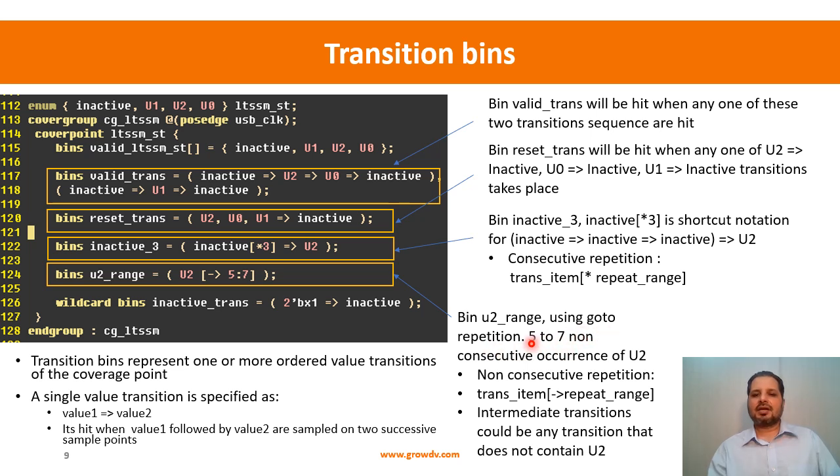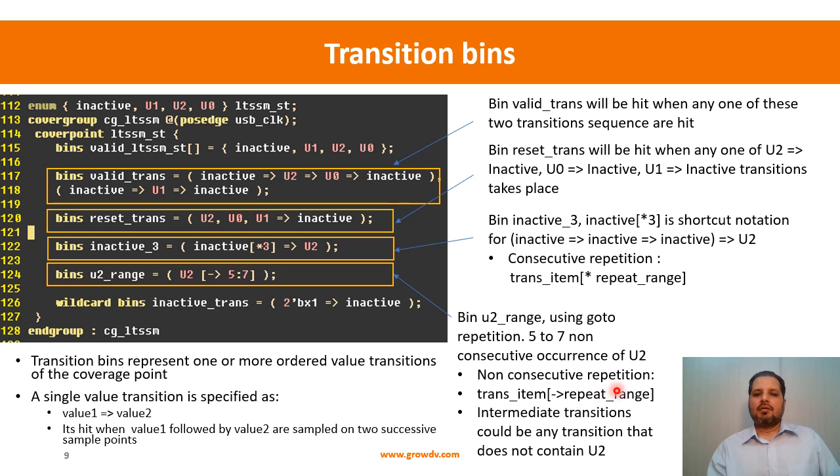The definition is slightly different compared to what we have seen in the assertion. So here, the Goto repetition allows us to define a non-consecutive repetition, and the syntax is you say the item and then this minus greater than equal to symbol, and then you can define the repeat range. But the difference compared to our consecutive repetition is that intermediate transitions could be any other transitions that do not contain U2.